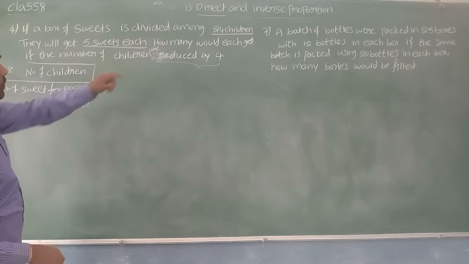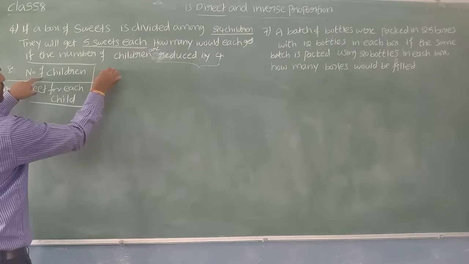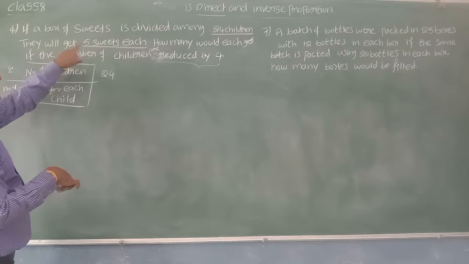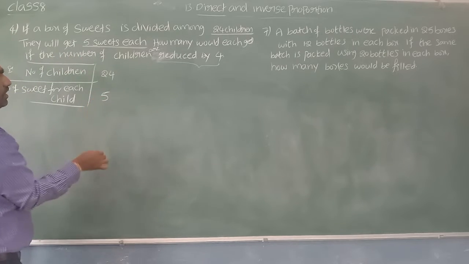They said here 24 children: if the number of children is 24, each child will get 5 sweets.